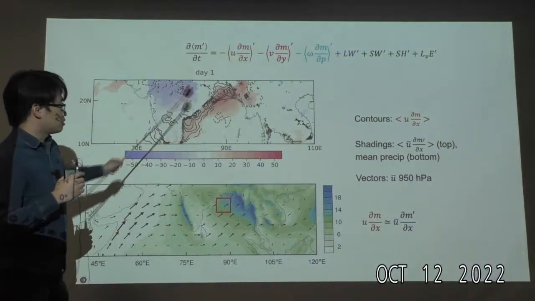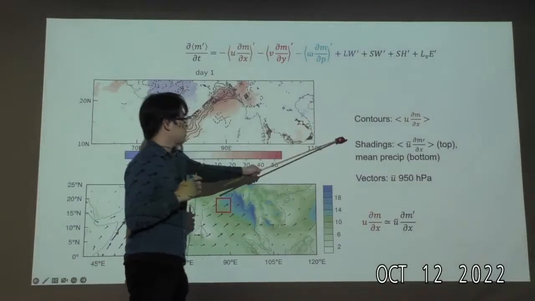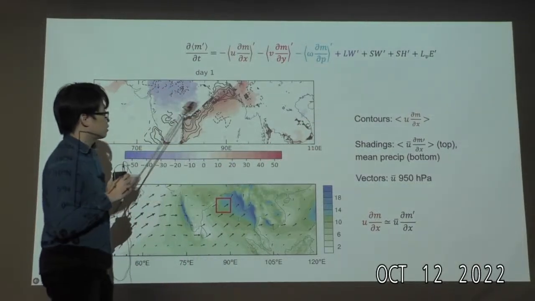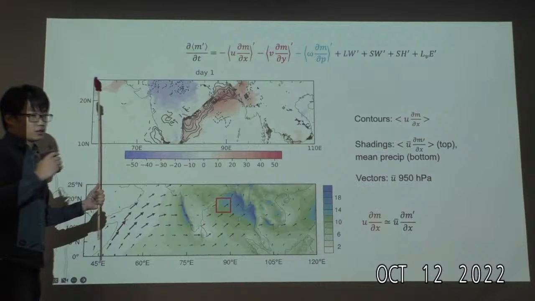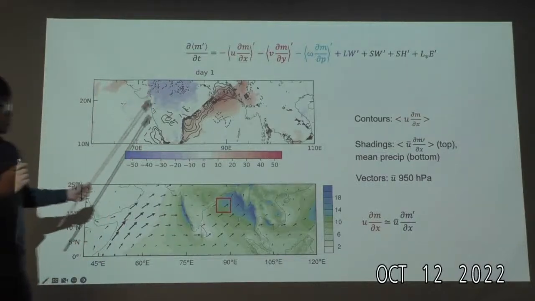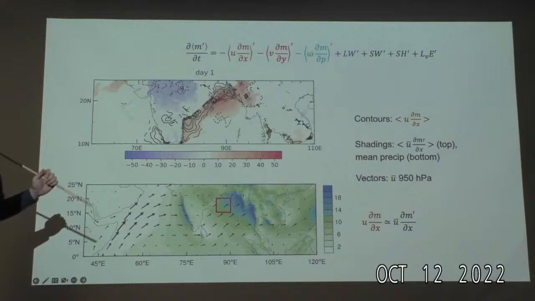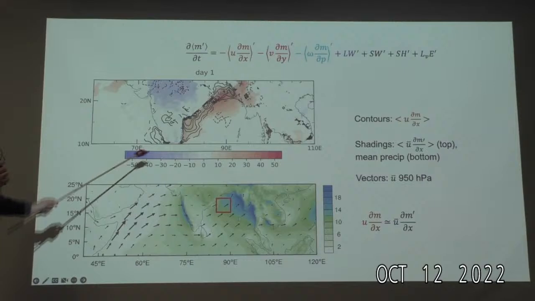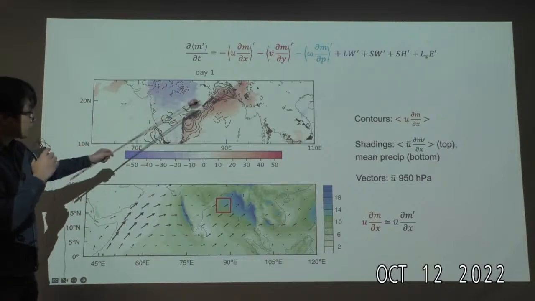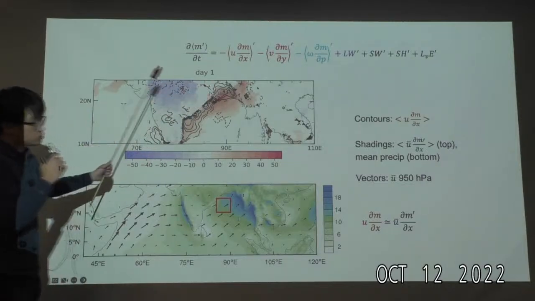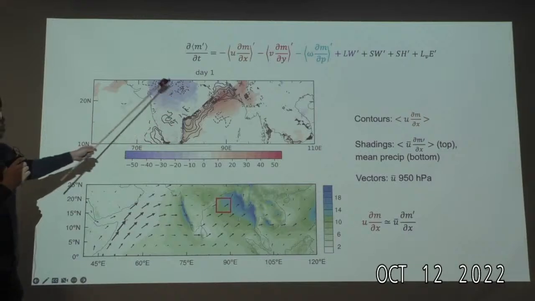If we plot these two here, the contours show the zonal advection of MSE, and the shadings show the anomalous MSE advected by the mean zonal winds. You can say that they are co-located with each other, but there's an interesting feature on day one.